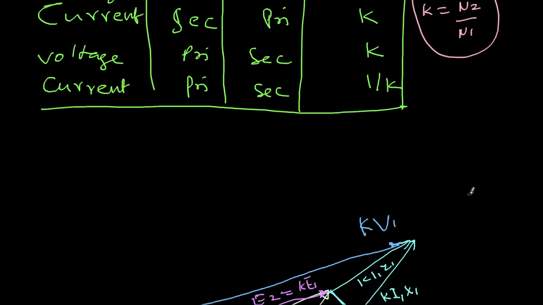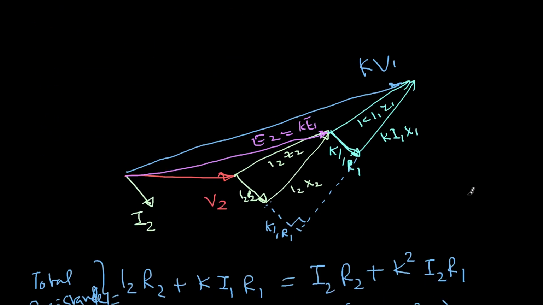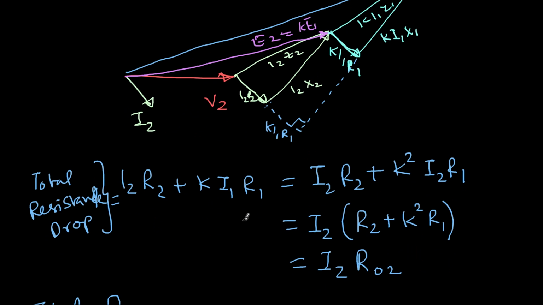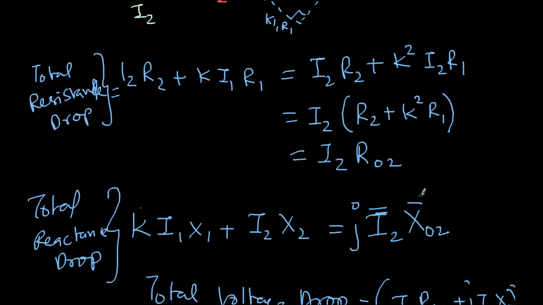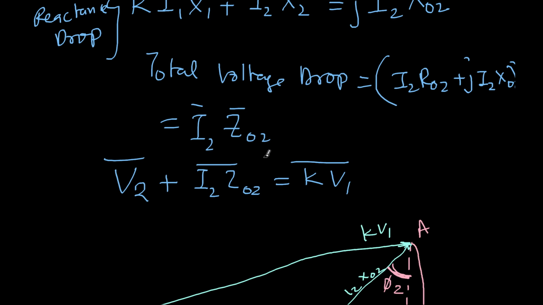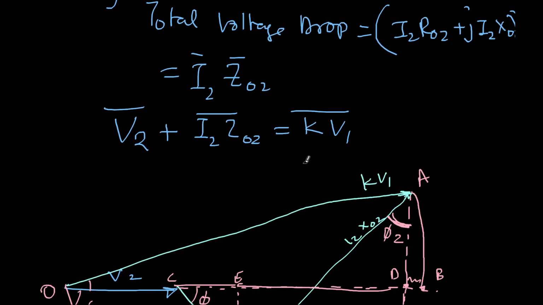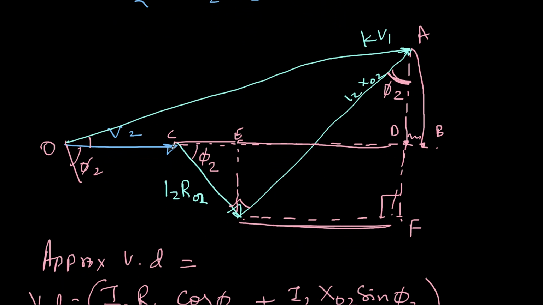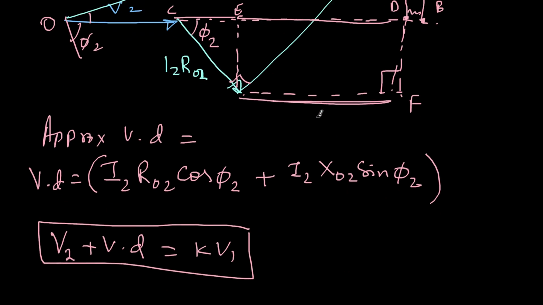Also, one more, let me just finish this. Here I have redrawn this, and now if I look at this larger triangle, I can add the resistance drops and reactance drops separately, and I'm getting this expression, that is I2 into Z02, and this easier way to find V1.